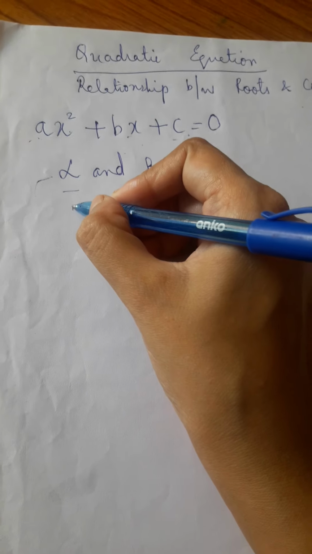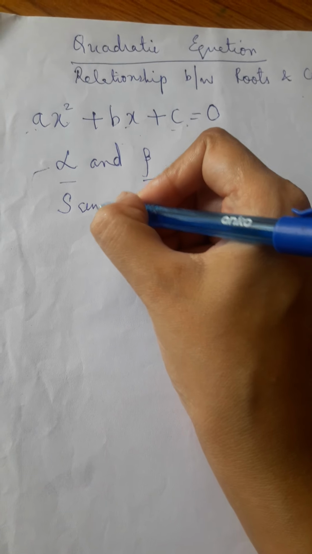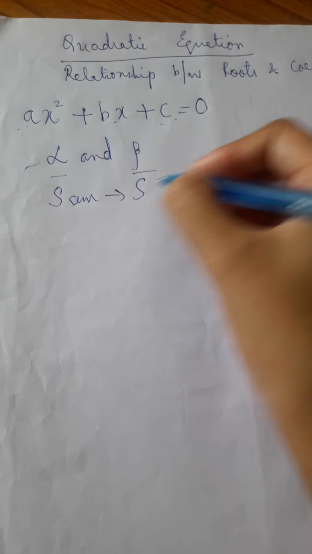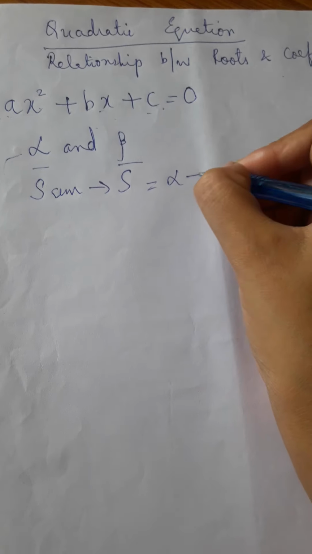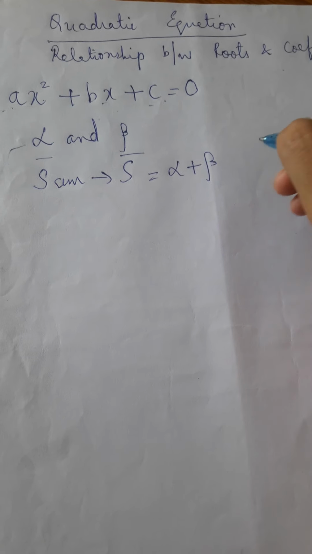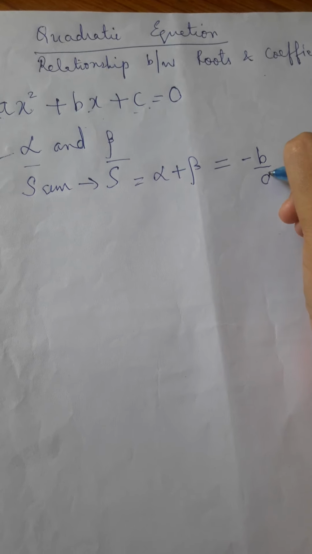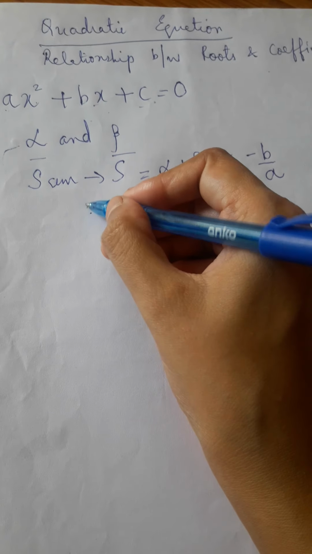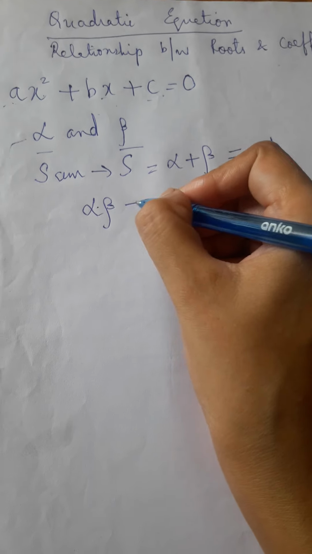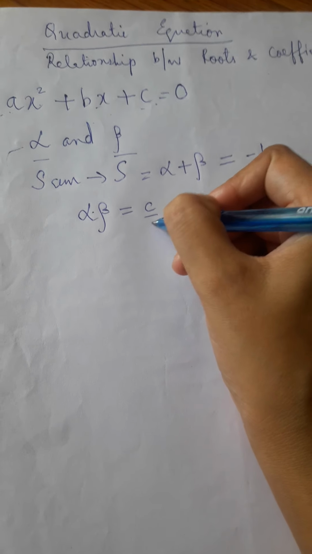Simple. Sum of the roots, if I were to say sum is s, sum is equal to what? Alpha plus beta. I'm just adding these 2 roots. The sum of the roots is equal to minus b by a, and the product alpha into beta is c by a.